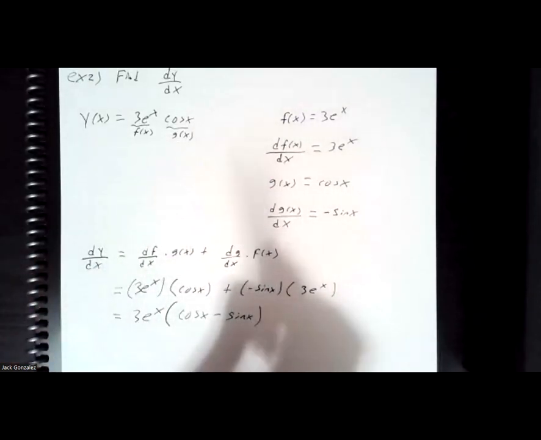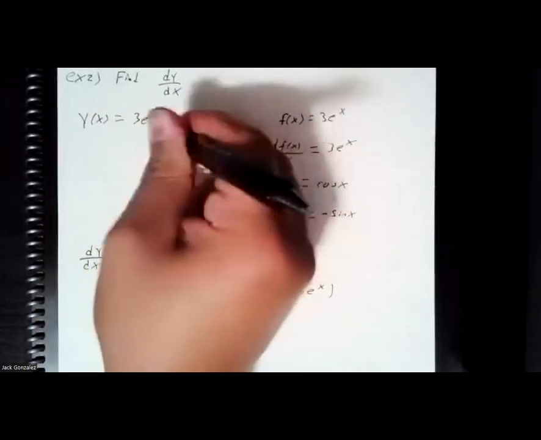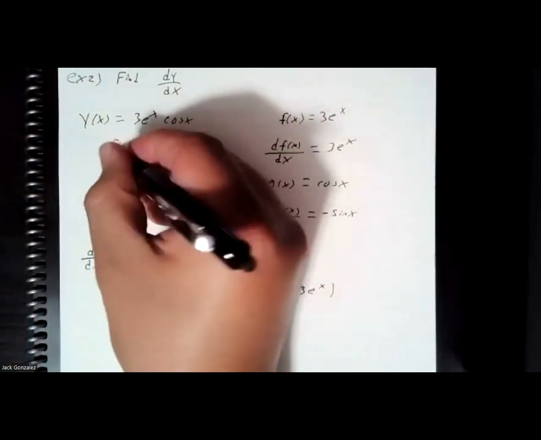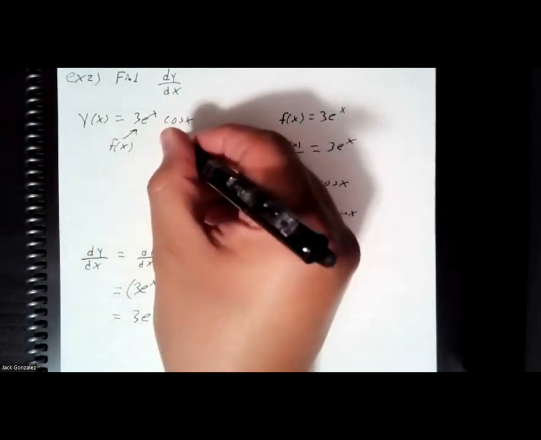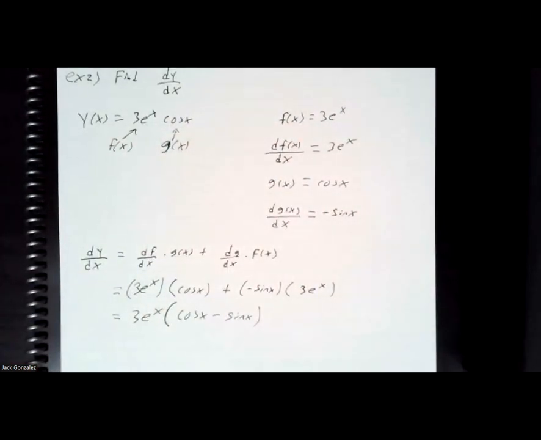Oh, I see what you're saying. I was kind of confused, like, how do we know what f of x was? I see. Maybe I'll just draw an arrow instead. Okay, now I get it. It just threw me off. It did look like fractions. You're right.